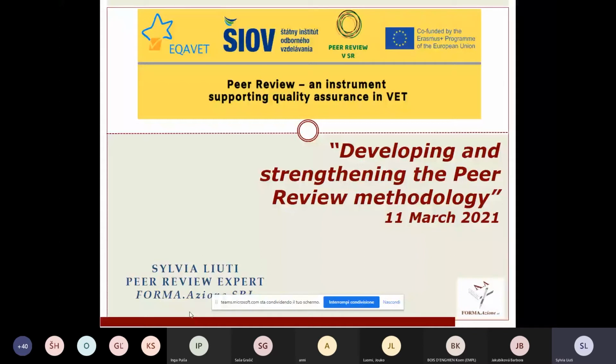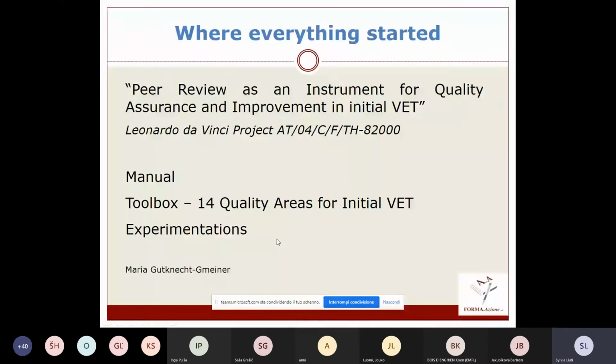So I'm really happy to share our expertise as Formazione in this field and what we see as further opportunities to strengthen this methodology again. I start a bit from what happened in the past, as a first experience, through a Leonardo da Vinci project that developed the methodology, and it was also thanks to Maria Gututag-Miner that this work started.